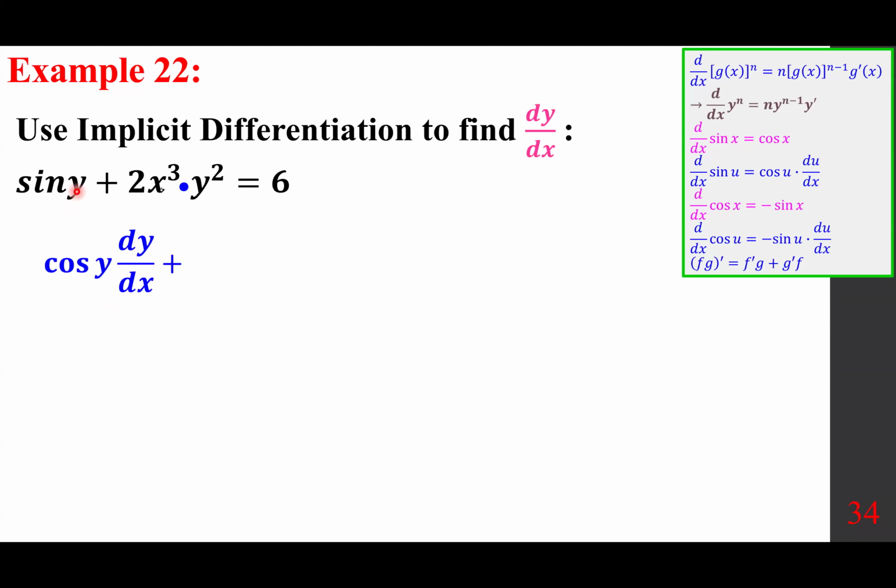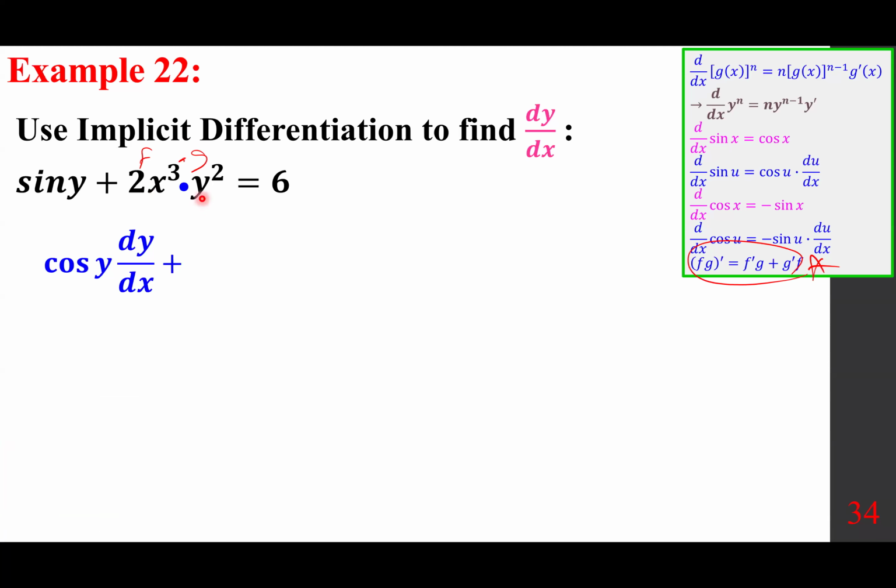And this one uses the product rule. We are going to say this is f, this is g, this is the product rule we are going to use on that part.